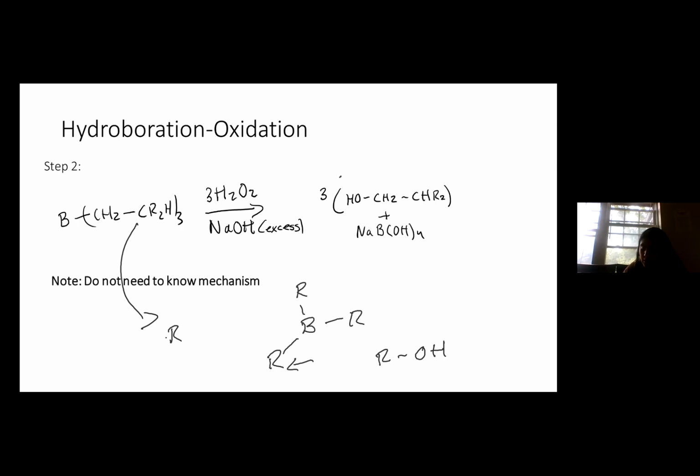So that's why we have 3, that instead of this being attached to a B right here, it's attached to an OH. So we have 3 of those same products. And then this is just the side product. This side product comes from B becoming attached to 4 OHs. And this is denoted as a negative, but it has a Na, so Na has a plus sign like this. So this is how we got this product.